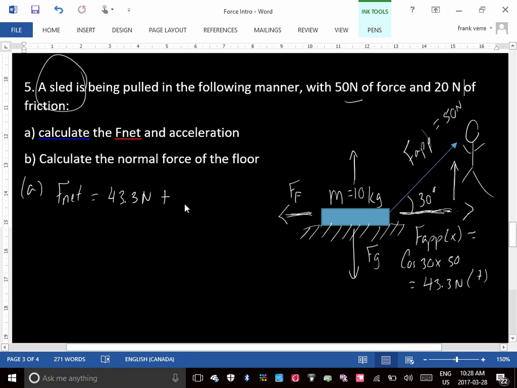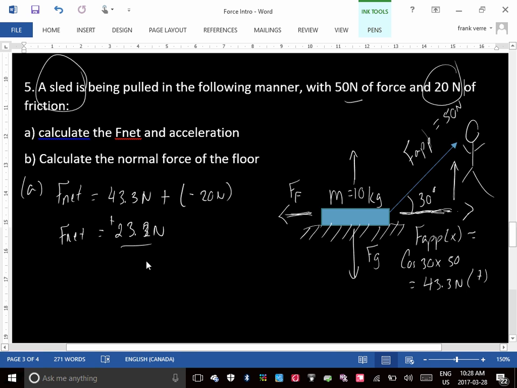Left. So that would be negative. And it's 20 newtons, which I forgot initially to put in. So there is your friction. So the net force then is the sum of these two, which ends up being 23.3 newtons, positive value, which means it's to the right. So there's your net force.